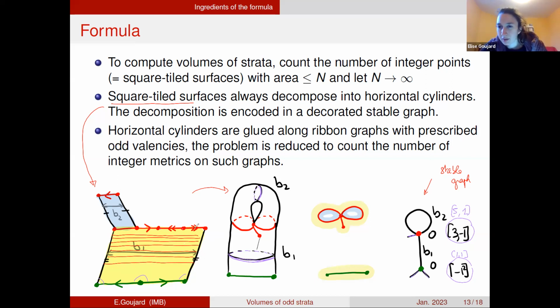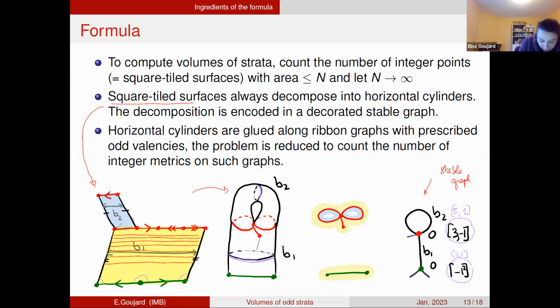Are there some questions? I could hear something. Okay, so basically, you have to write things carefully, but the problem is reduced to counting the number of metrics on this ribbon graph.